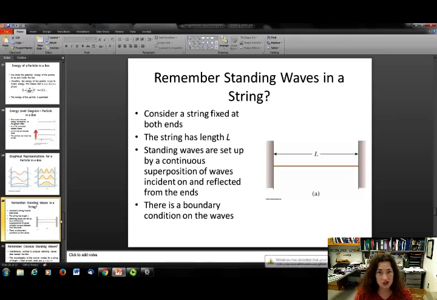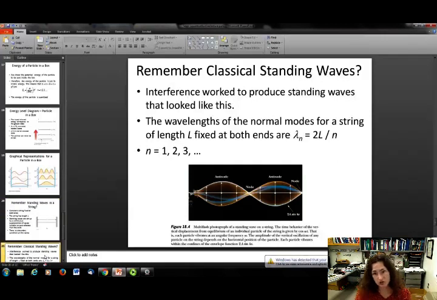This is kind of like a guitar string, or the demo that we did in class where we had the vibrating string and the little light show. The interference worked to produce standing waves that looked like this. Here you have your nodes where the wave function goes to 0, and then your antinodes where the wave has maximum amplitude.